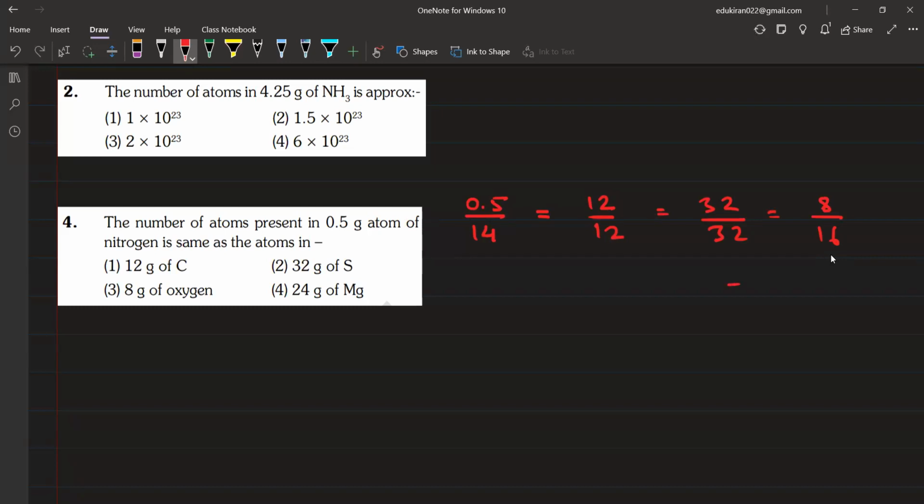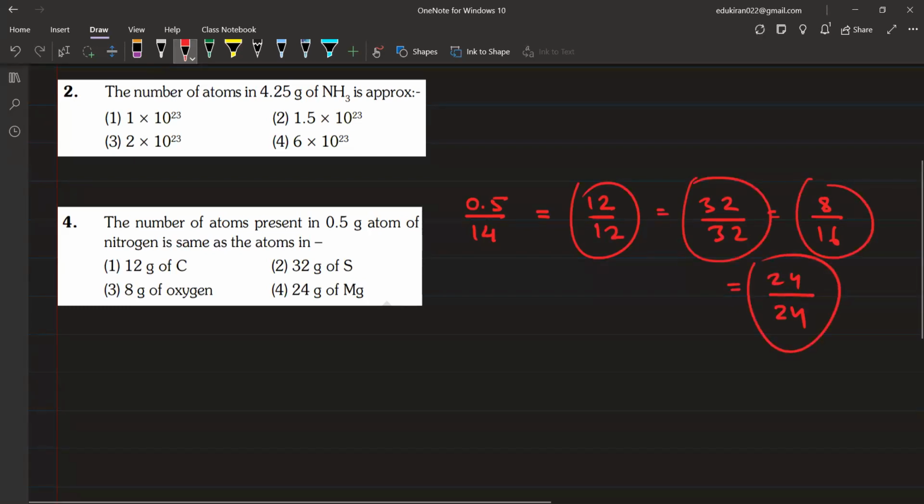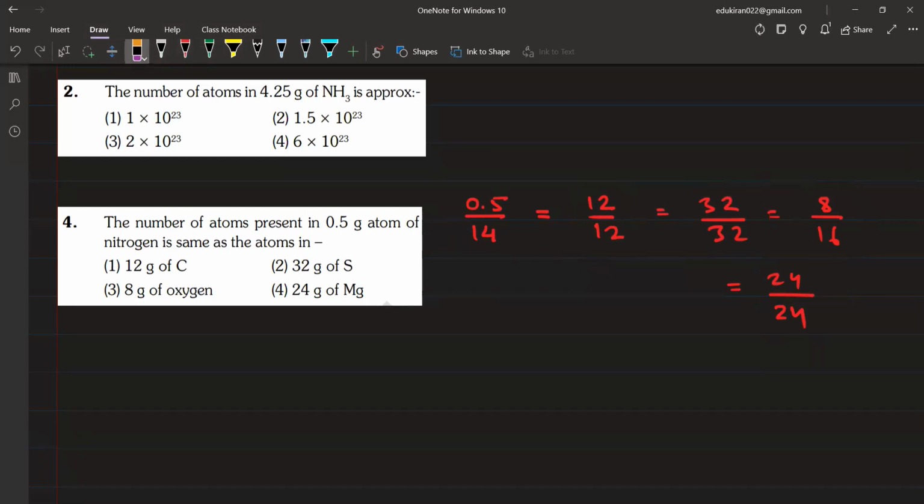Or this will be equal to 24 upon, what is the molar mass of magnesium? 24, right? Yes, sir. Tell me, is it equal to this one, this one, this one, or this one? So 8 by 16? 8 by 16. Are you sure?